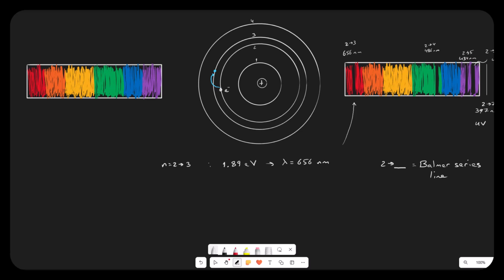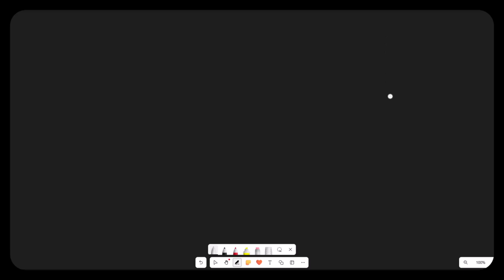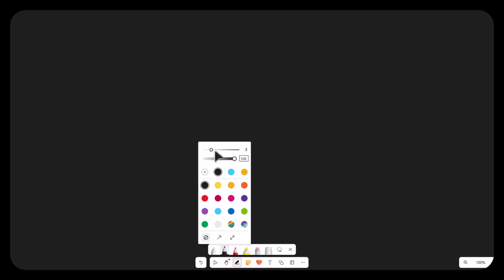So then we should talk about what it looks like for different atoms. How do we adjust this? Because it can't be the same, right? And it's not. We actually know that the atomic spectra for different elements are different from each other. That's actually how we can identify what's going on. So what happens if we have helium? How is that different?